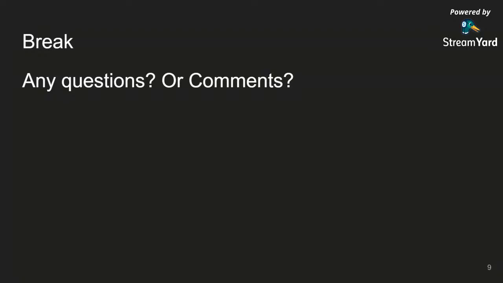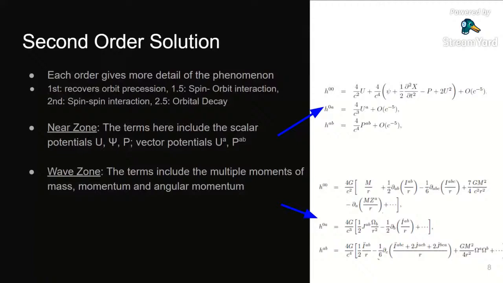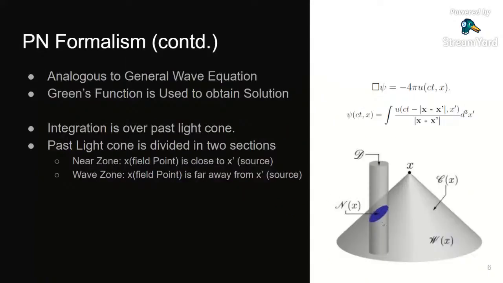Okay, the near zone. The near zone is nothing but a region where we assume that there is strong gravity from the source. Let's assume that the source is a point, and it is emitting some gravitational wave.